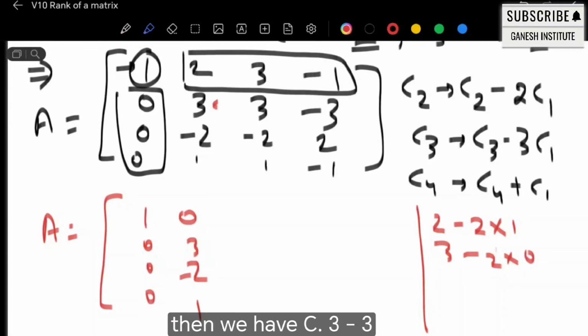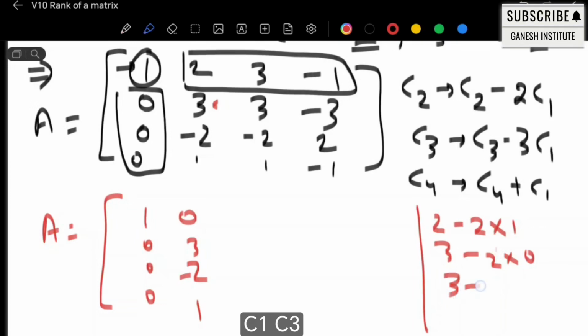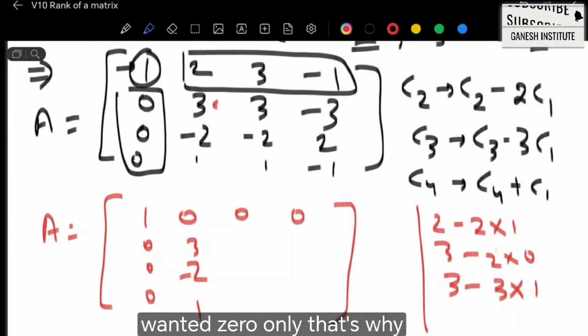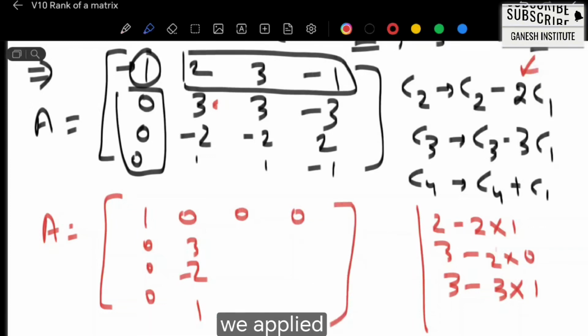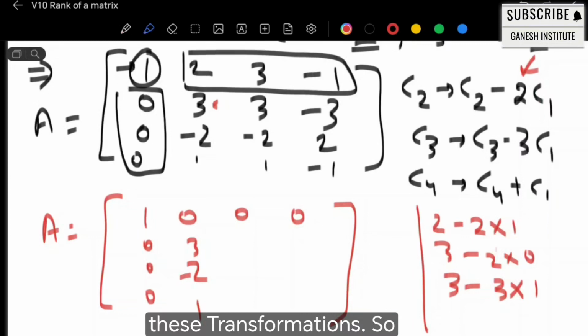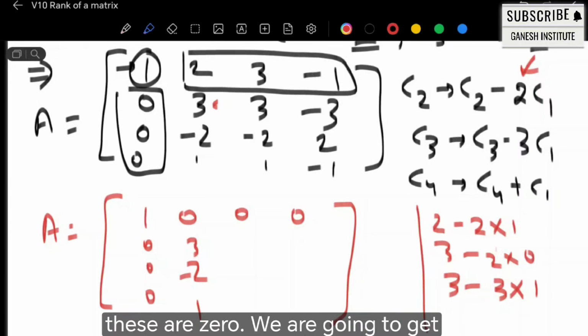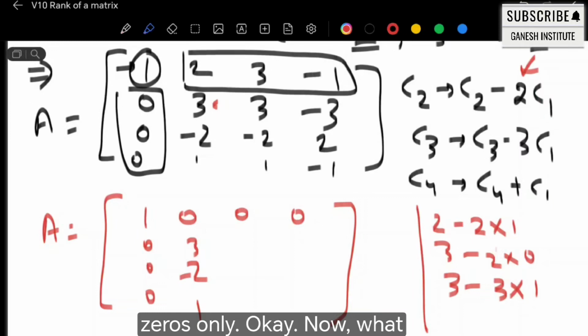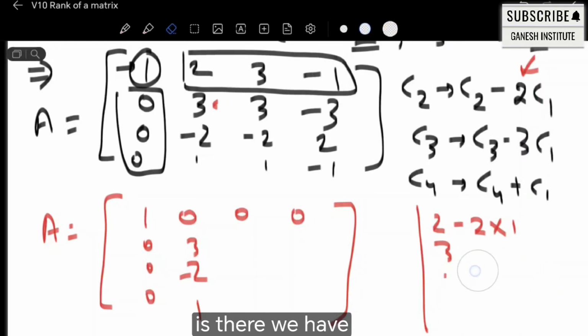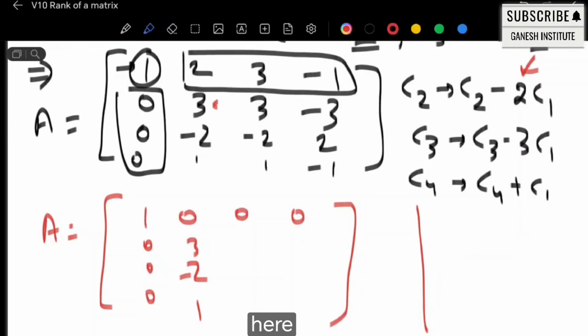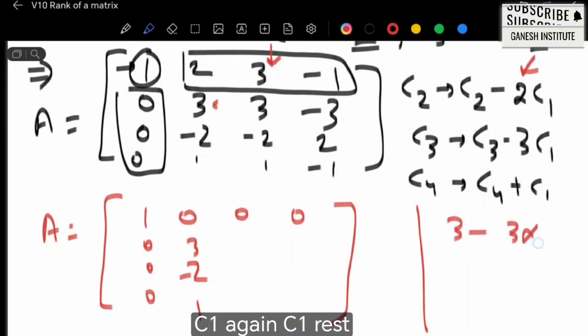Then we have C3 minus 3C1. So 3 minus 3 is 0. Actually, we wanted 0 only. That's why we applied these transformations. So we are going to get zeros only. Okay. Now, C3 minus 3C1.